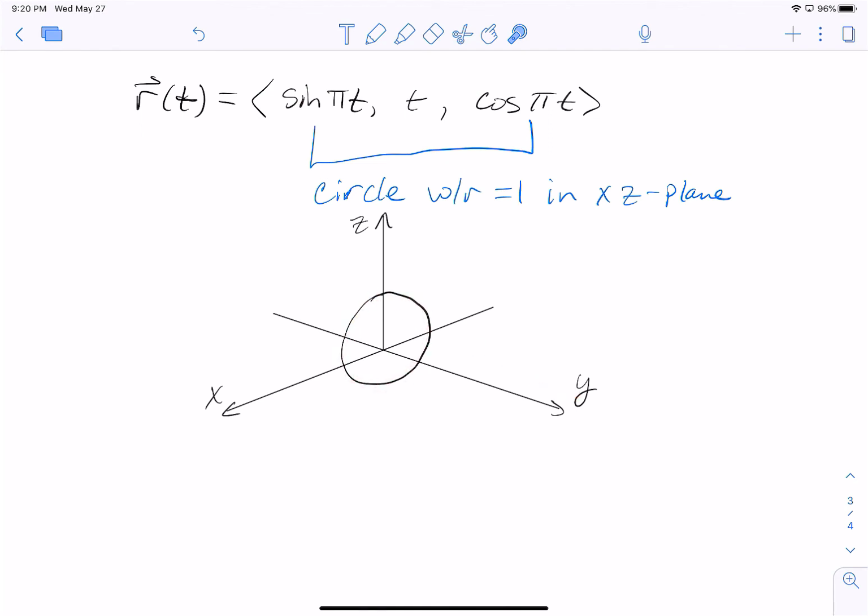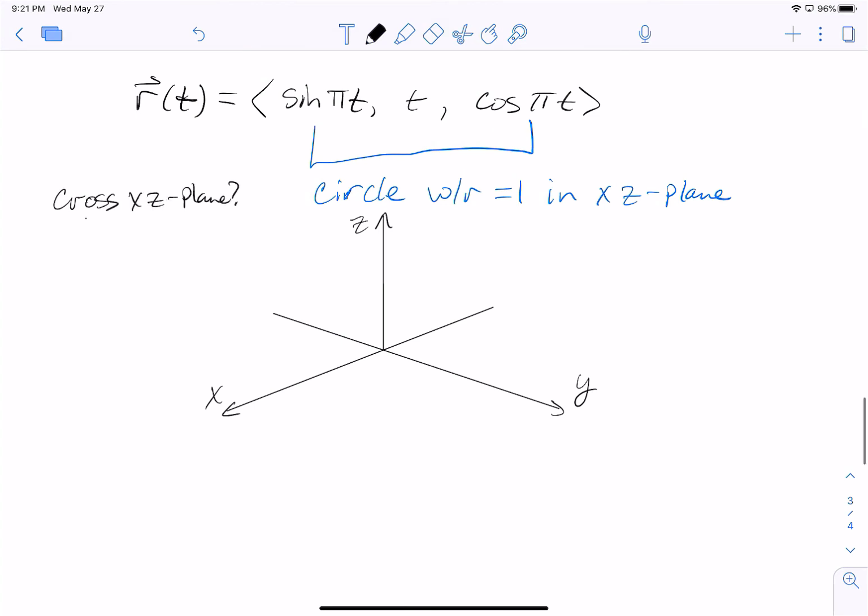And we're going to end up with a helix, or something that looks like a spring. Now I don't want to just randomly put a spring here along the y-axis because I need to know where it crosses the xz plane. So let's explore that. Where does it cross the xz plane?